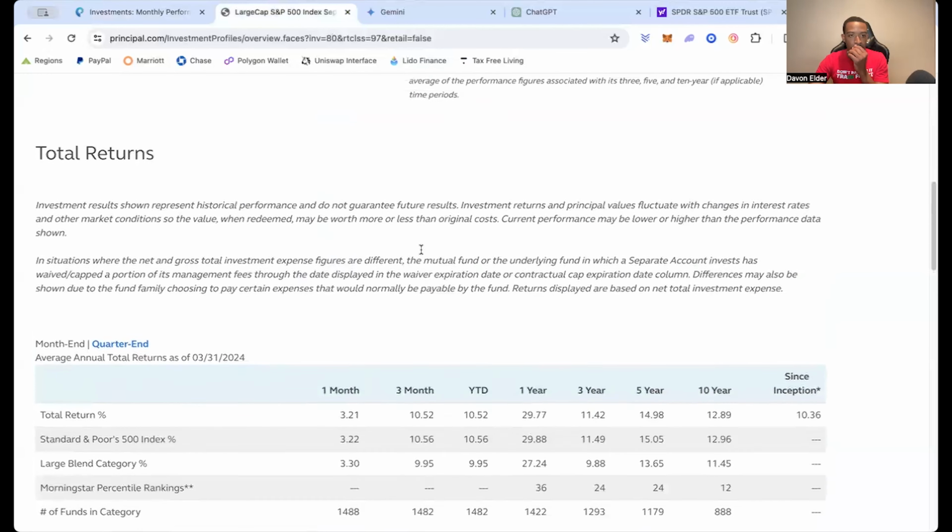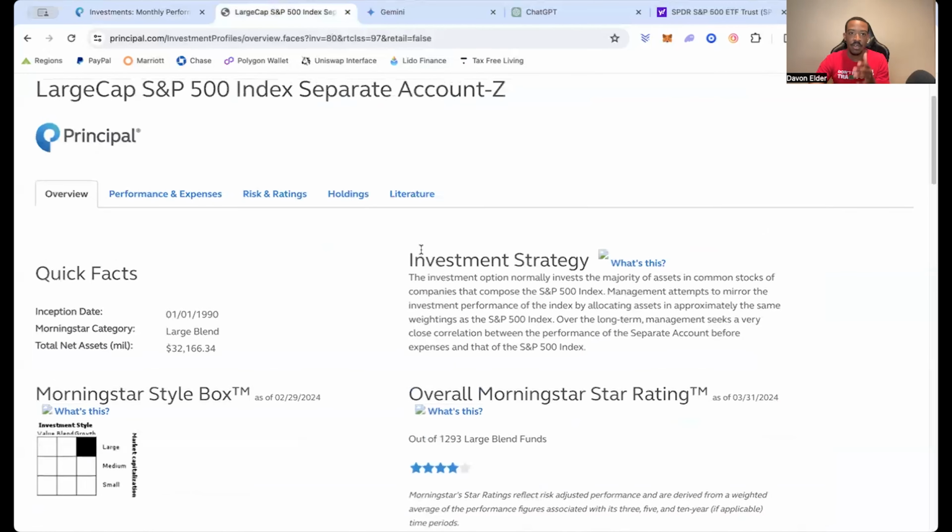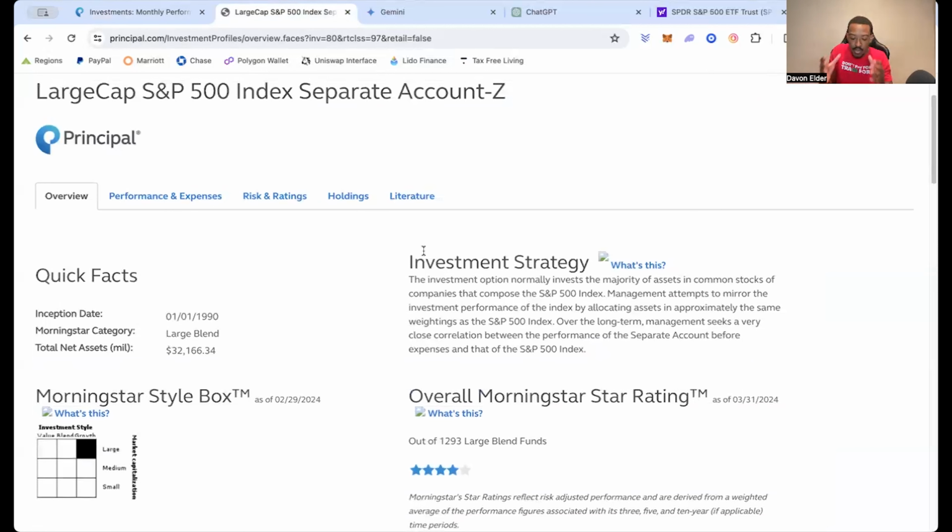Now, why am I such a fan of the S&P 500? The reason why is because the S&P 500 needs to be your go-to mutual fund, because when you're putting money into this account every 2 weeks into that S&P 500, the S&P 500 has the longest and the most consistent track record in terms of stock market performance.